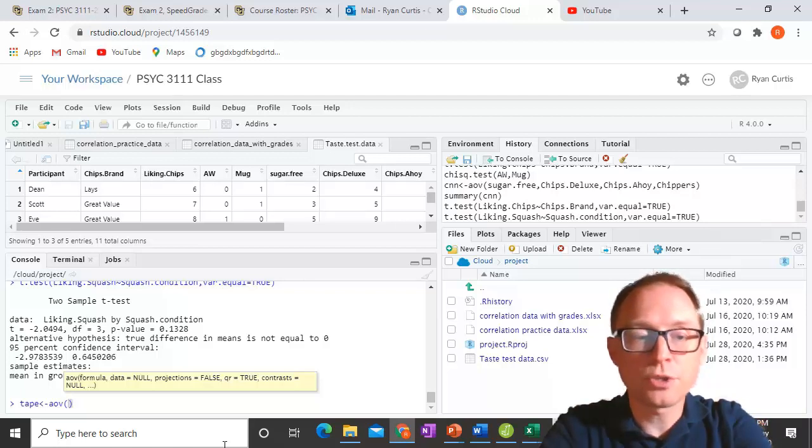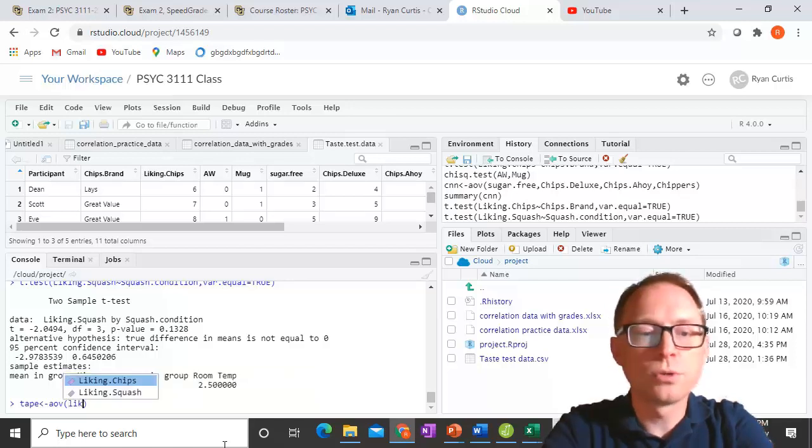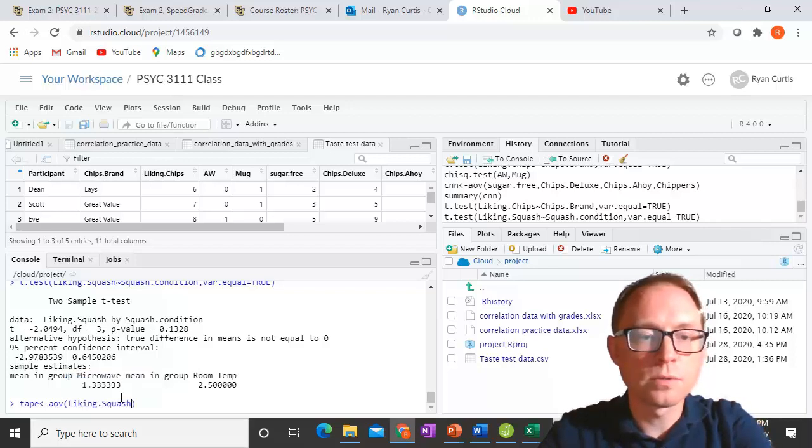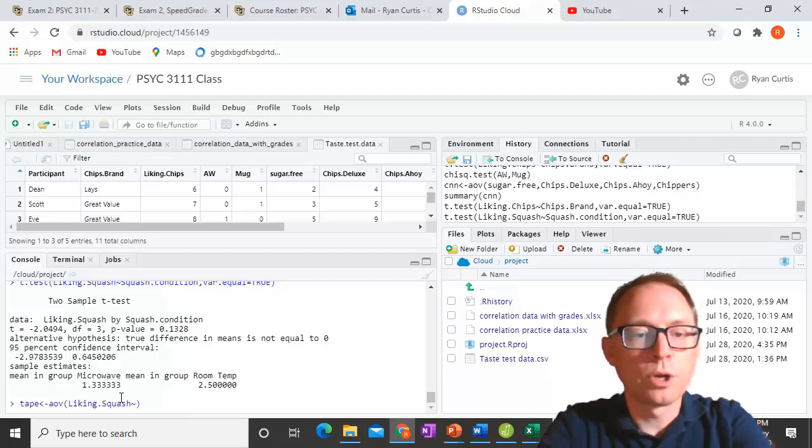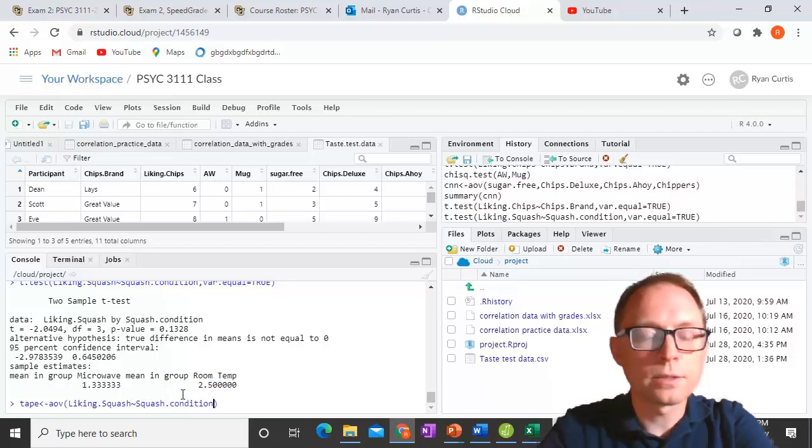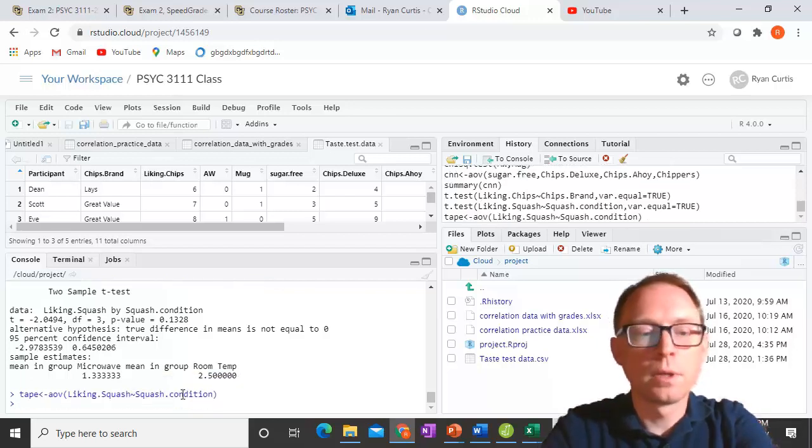So let's go ahead and do that for the squash one only. Let's do liking for squash as our dependent variable, and squash condition as our independent variable. And let's push enter.